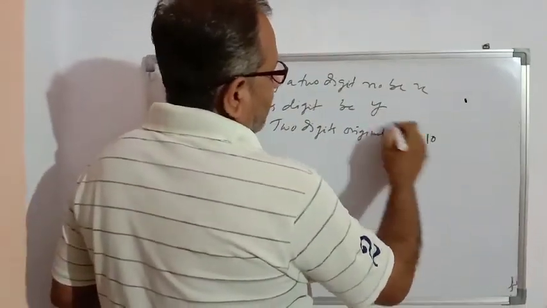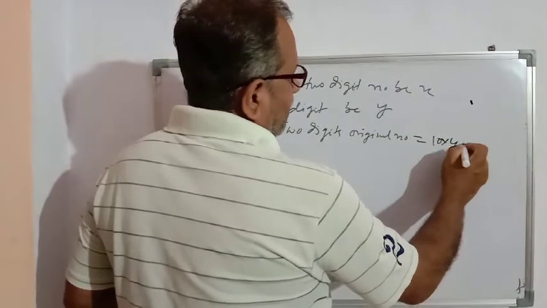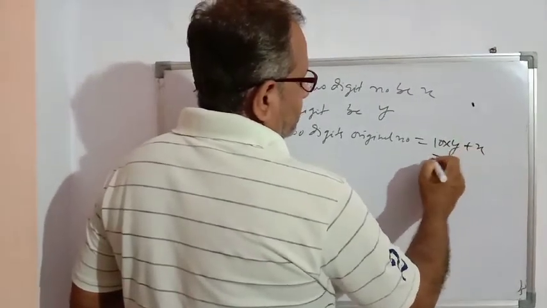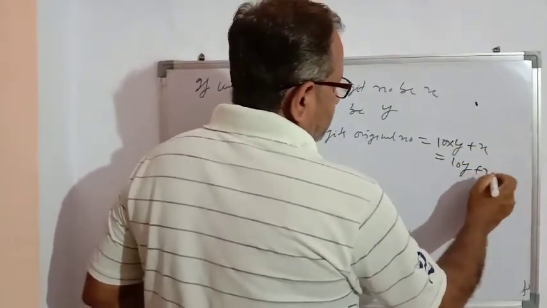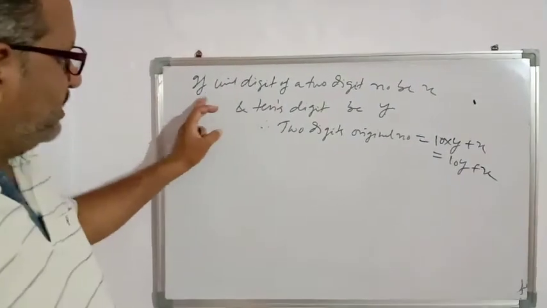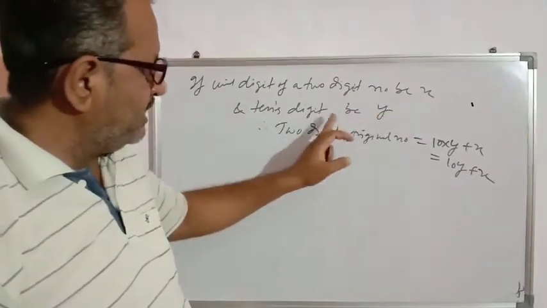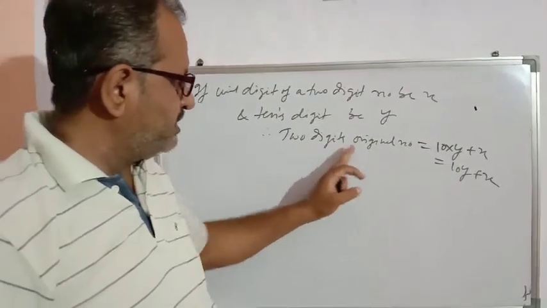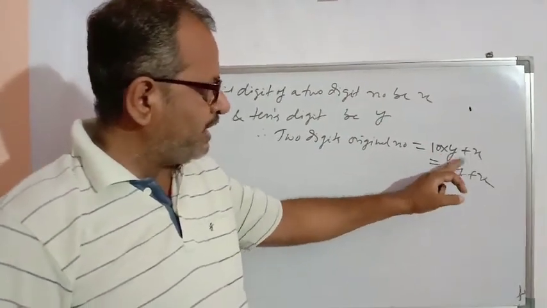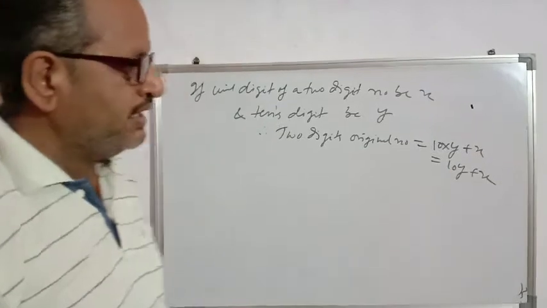We will multiply the tens digit by 10 and add the unit digit. So 10y plus x. So if in a 2-digit number the unit digit is x and the tens digit is y, then the 2-digit number we can write as 10 into y plus x, 10y plus x.